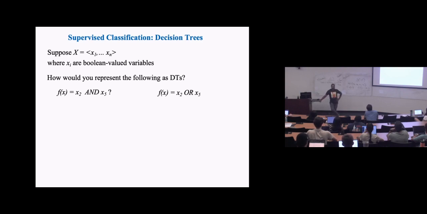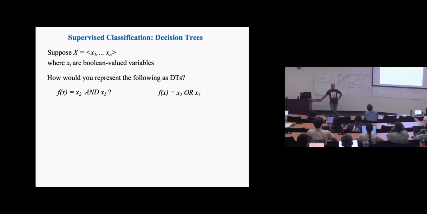How many of you don't know logical AND or OR? Okay, I don't see any hands. So everybody knows this. What would be a decision tree for the AND problem? Assume everything is a binary variable. Yes, go ahead.